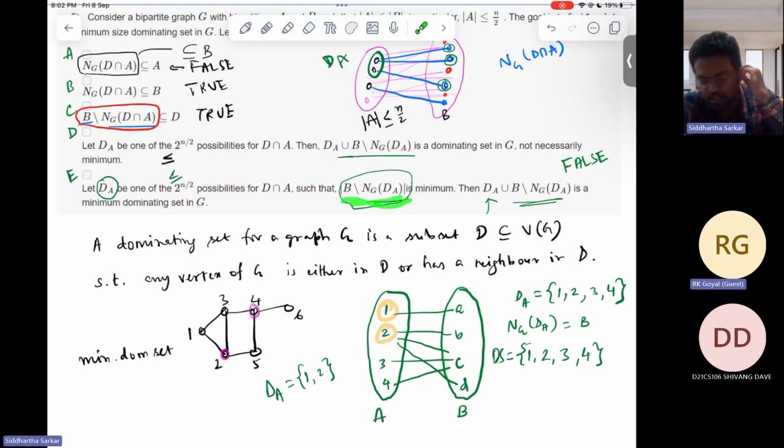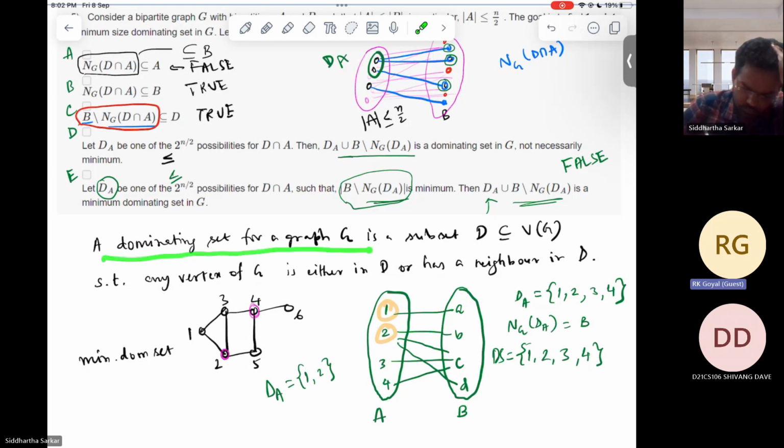But this is not even a dominating set. Forget minimum. So 1 and 2 is not a dominating set. Yes, 1 and 2 is not the dominating set, because 3 and 4 have not been covered. Right, correct.